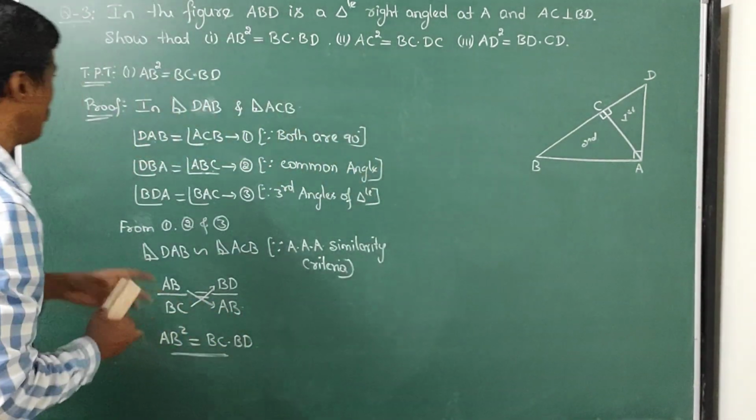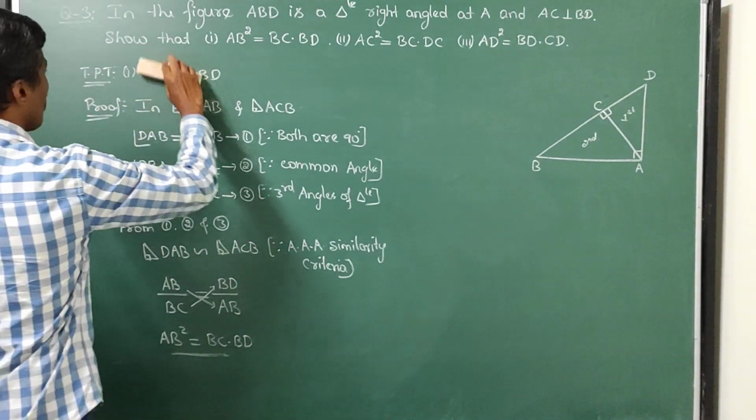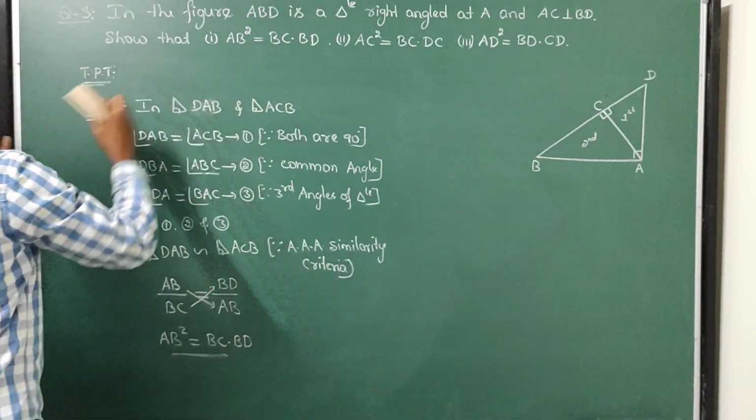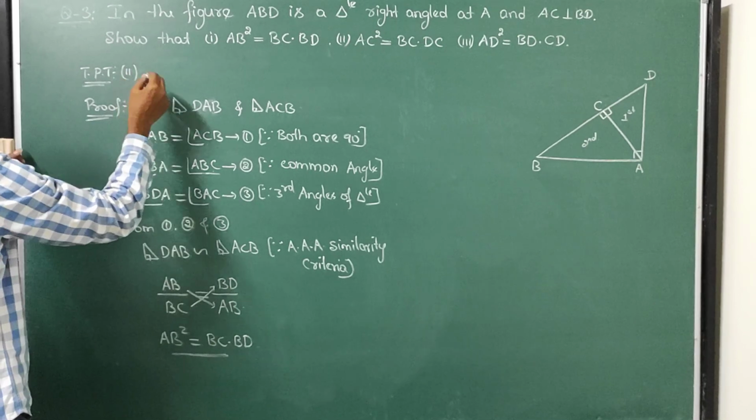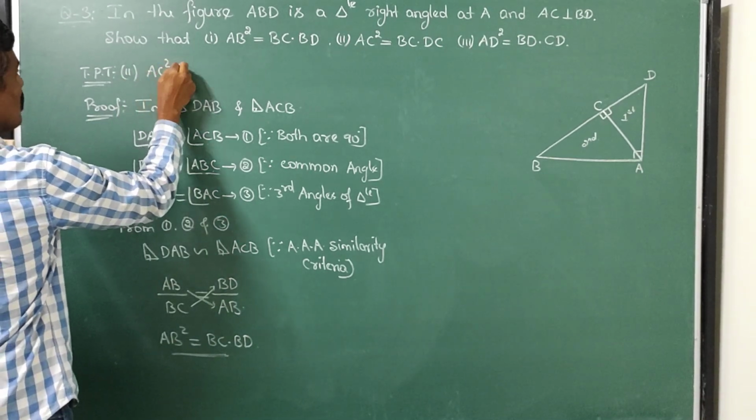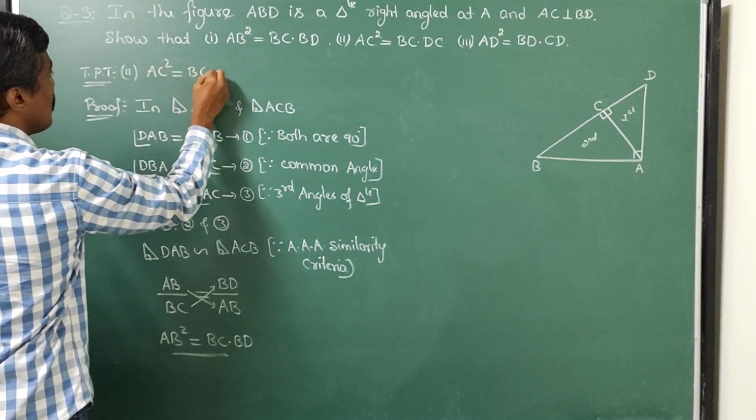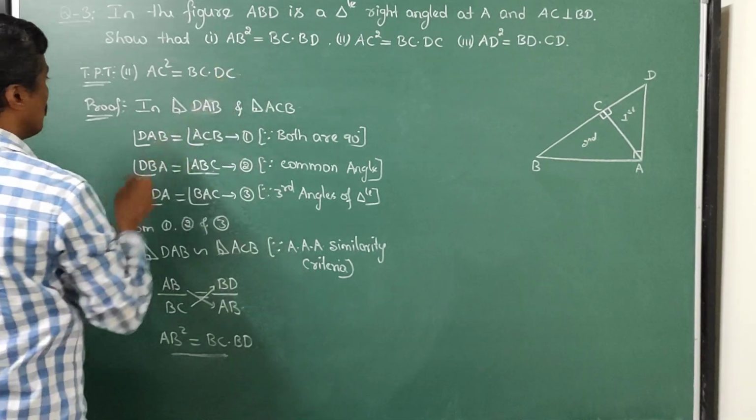We are just recalling the earlier problem. So the second point, to prove that AC square is equal to BC into DC.